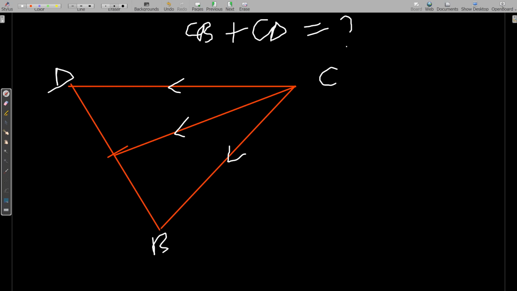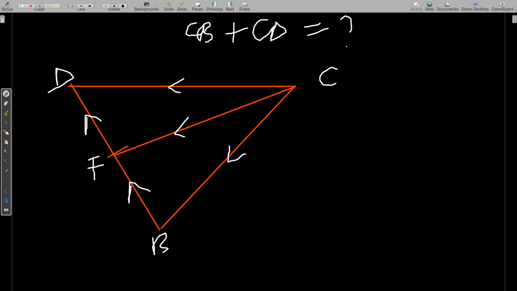Now this is my F. Let's look at this triangle CFB, or you can call that triangle CBF. I hope you can see what I just did. We are coming to look at some triangles, and that will help us to solve the question proper.